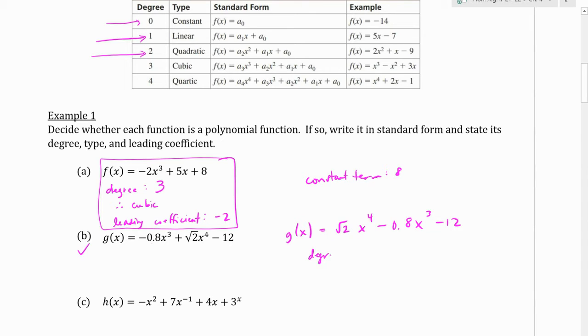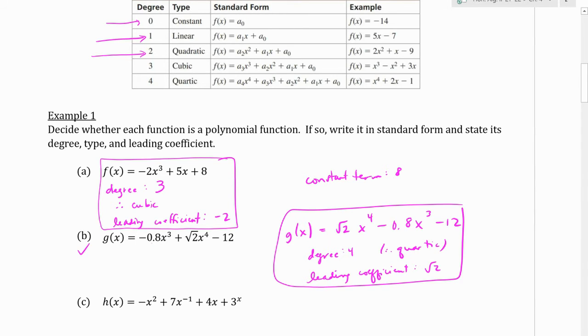So the degree of this one is 4, which makes it a quartic. And the leading coefficient is the square root of 2. If somebody asks for the constant term, it is that negative 12 on the end.